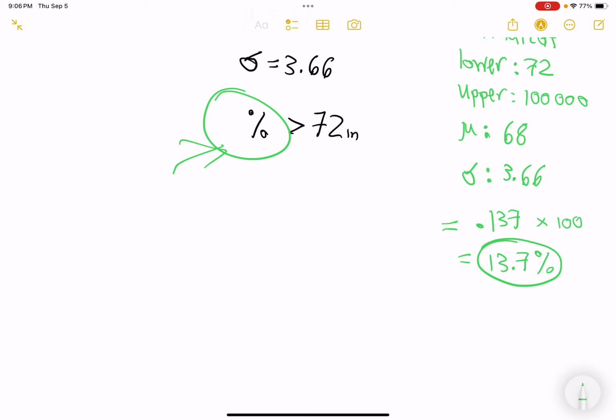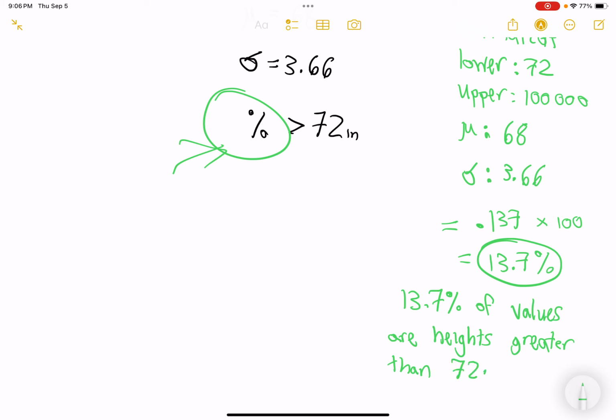One, I will say 13.7% of values are heights greater than 72 inches. Now you could say that a bunch of different ways, but I think the idea is pretty clear here, right? 13.7% of values are heights greater than 72 inches.